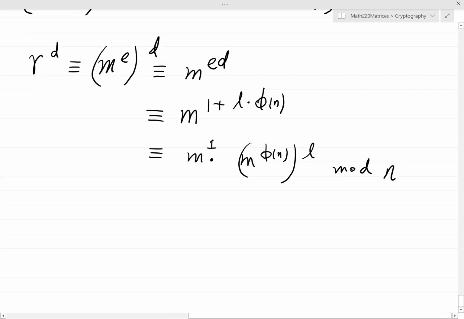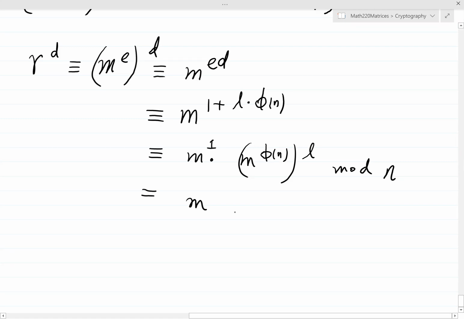Now M to the power 1 is just M. Now remember M is co-prime with N. M to the power Phi N, the group order, should be 1.